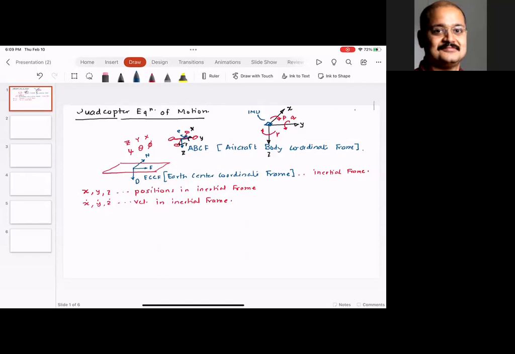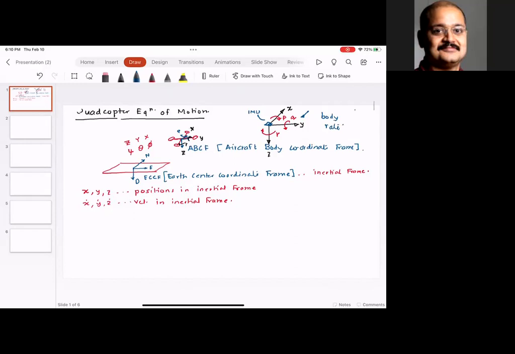You can integrate the body accelerations twice, and you can find the body positions. You can integrate the body angular velocities once, and you'll get angular orientations. So P, Q, R are body rates.